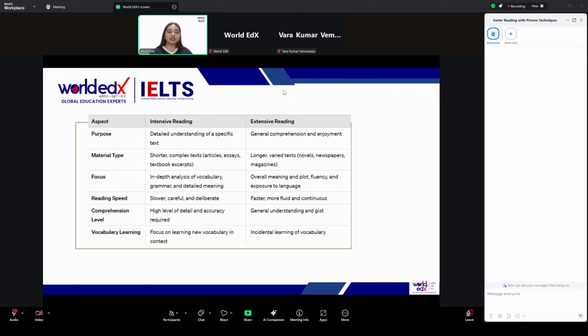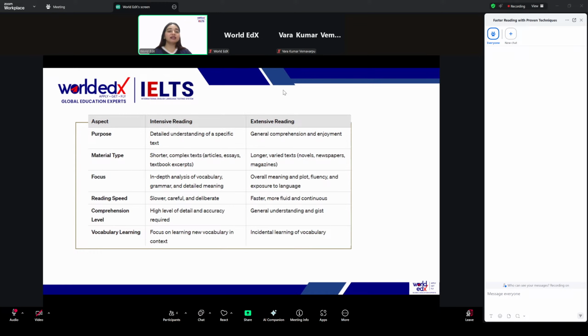When we talk about intensive reading, our focus is to understand in depth. Our focus is to analyze the vocabulary, grammar, and understand the detailed meaning of every paragraph. But when we talk about the extensive reading, we just want to get an overall plot. We just want to understand the fluency. We just want to get to terms with the language use, so that you have something to begin with.